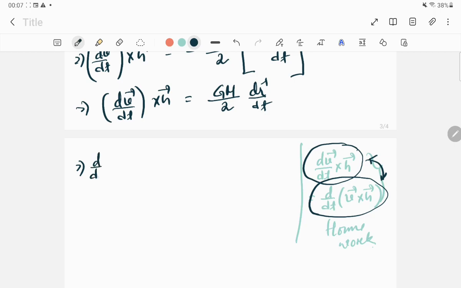So it is d dt of v cross h equals gm by 2 dr cap dt.